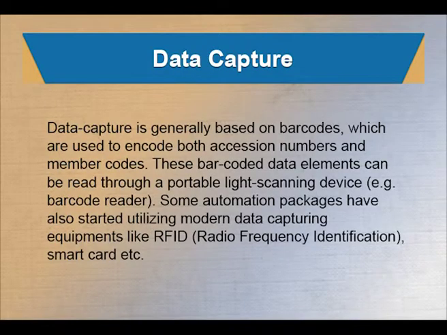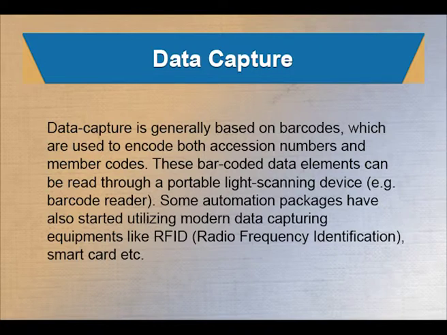Now as I told you, data capture is generally based on barcoding, which is used to encode both accession numbers and member codes. These barcoded data elements can be read through a portable light scanning device, normally called a barcode reader.